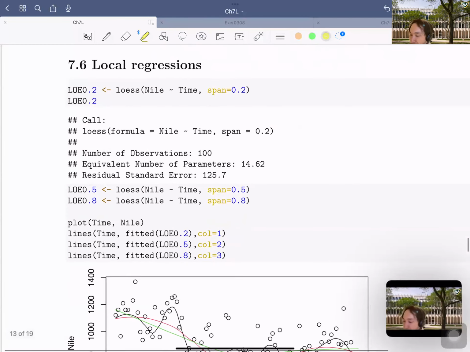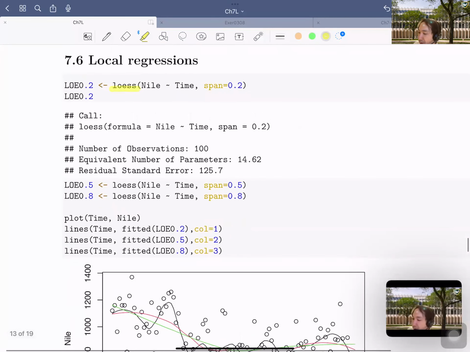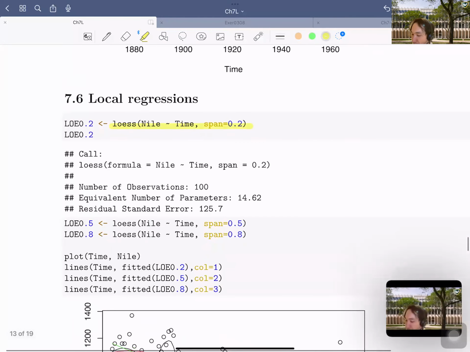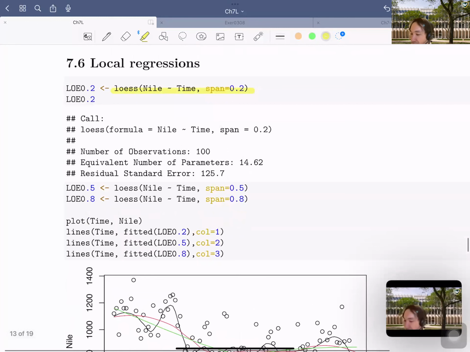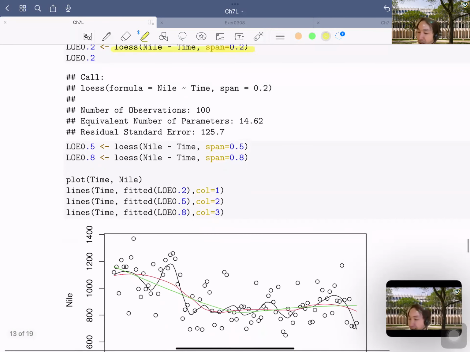Sorry, I spent so much time, but for local regression we use a totally different function, the lowess function. I forgot which package, but you can see the earlier slides, or just search for this function on the internet to see which package it is in.